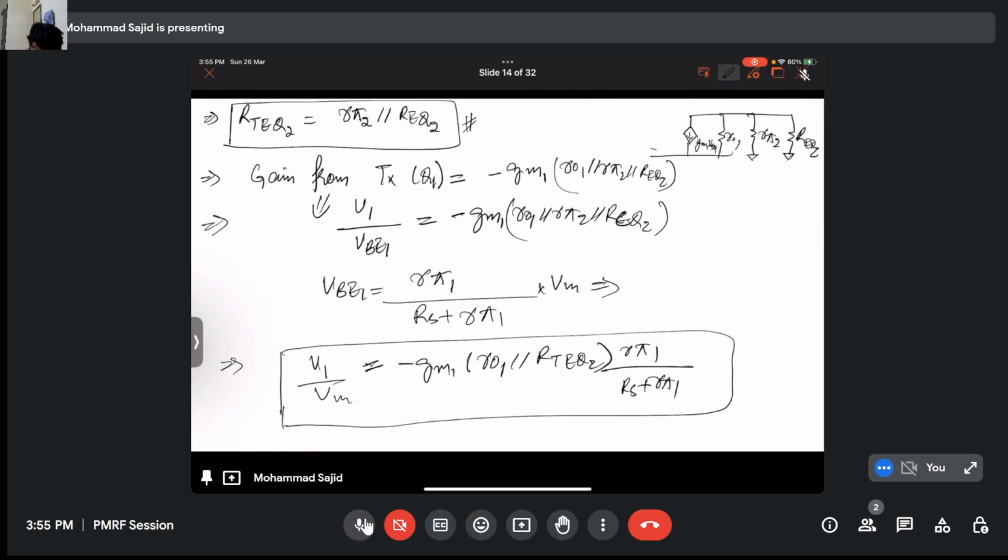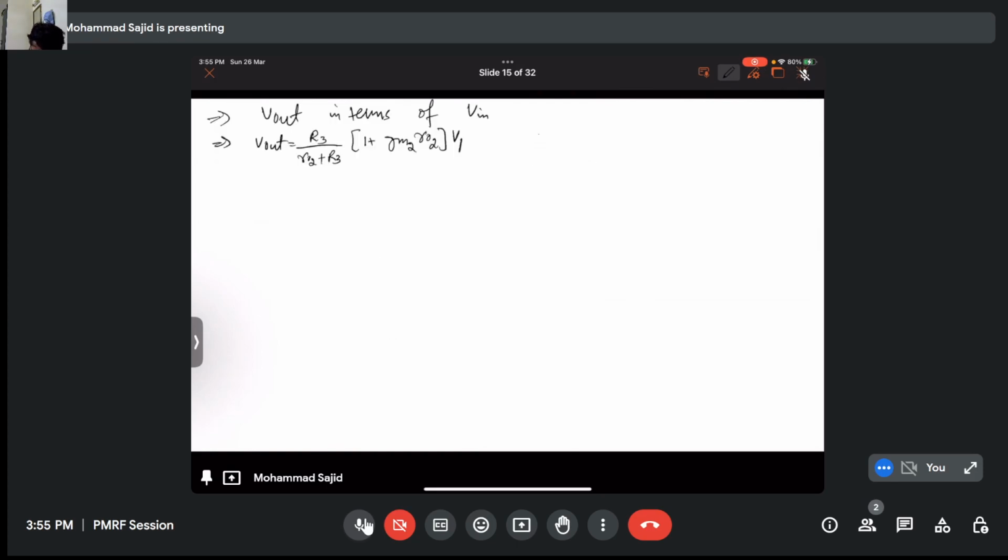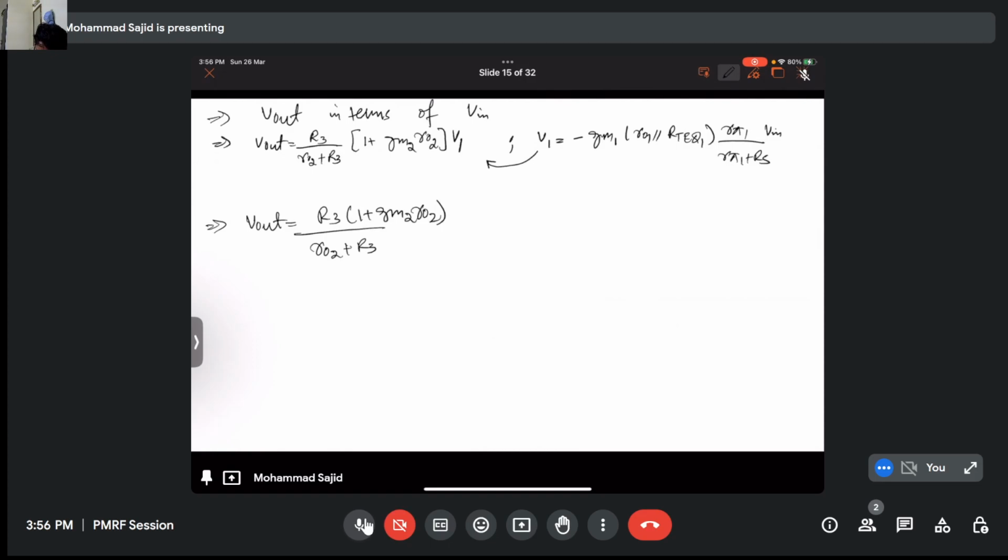And now we have this expression as well: V1 is equivalent to minus G1. Let me just substitute it here. So my V out will be R3 by R naught rho, that is R3 times 1 plus G into R naught rho, times V1.